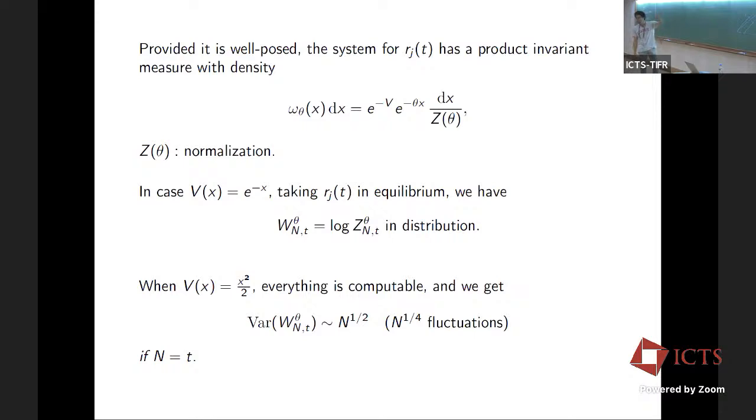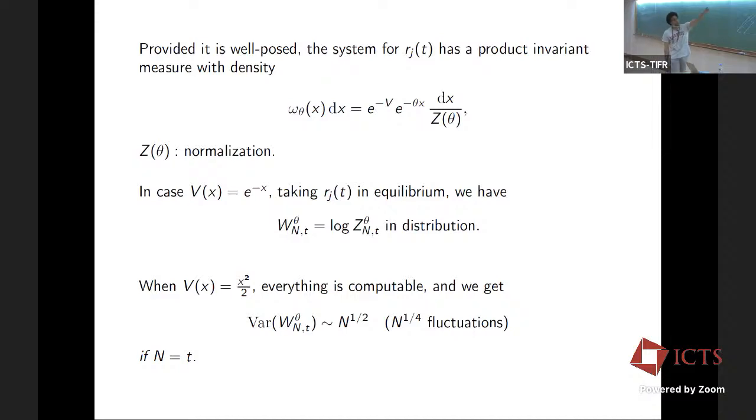In the case where V is equal to e^{-x}, this is the distribution of log of 1 over X, where X is a gamma distributed random variable, and that reproduces this consequence of O'Connell-Yor's original result.